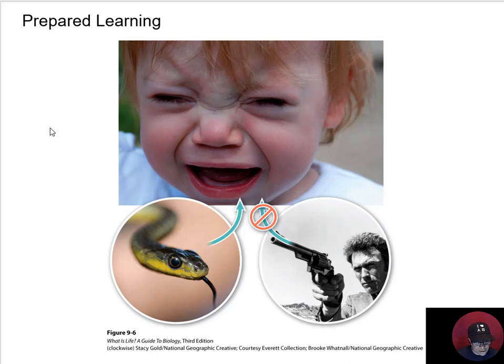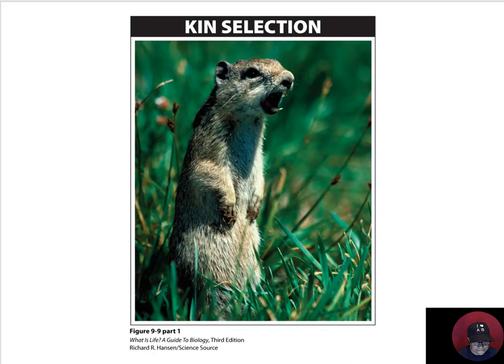So somehow we do not have this same prepared learning as the monkey has, to fear something that we've seen cause danger and harm, such as a metal object like a gun. All right, that's prepared learning.